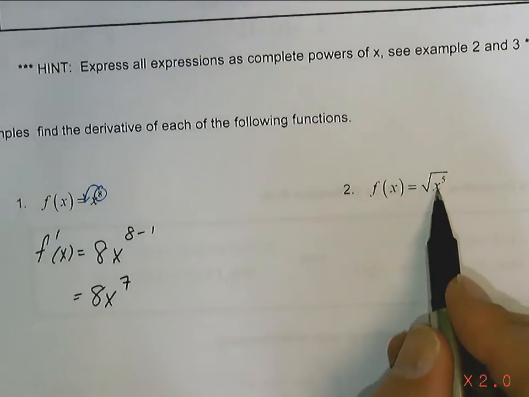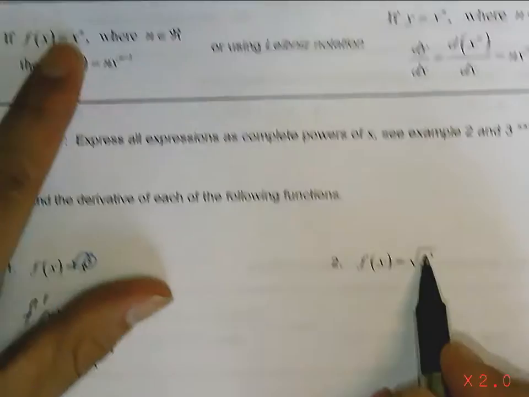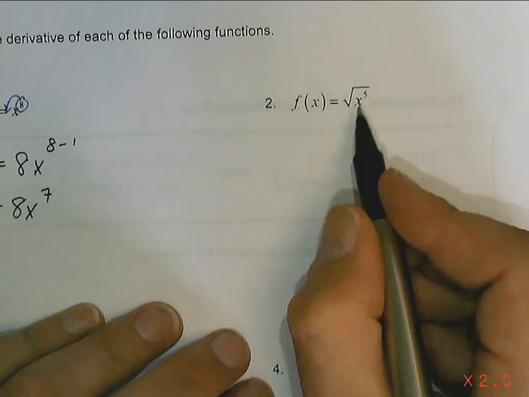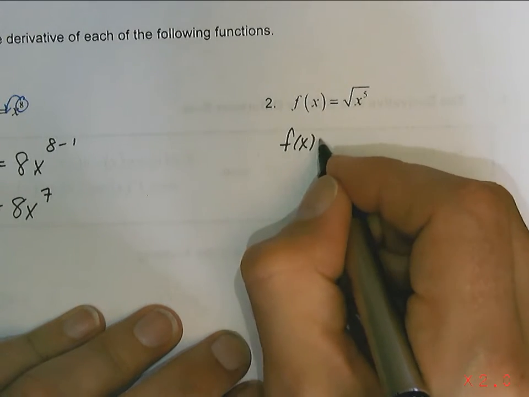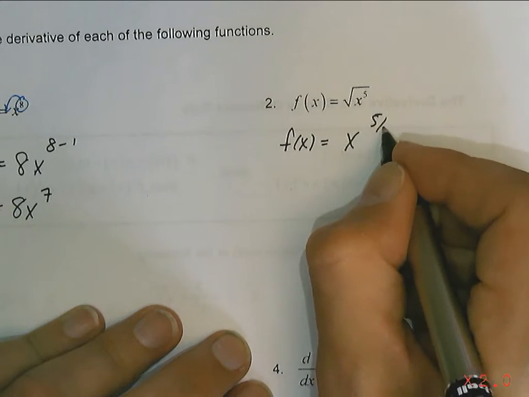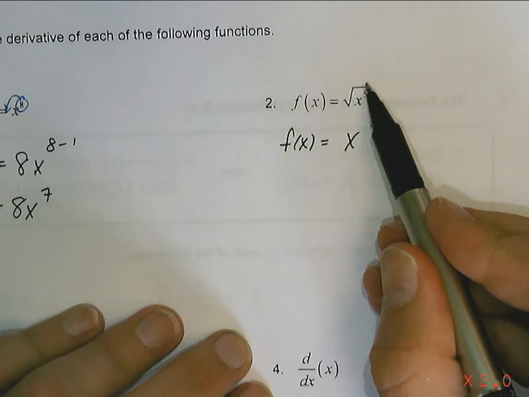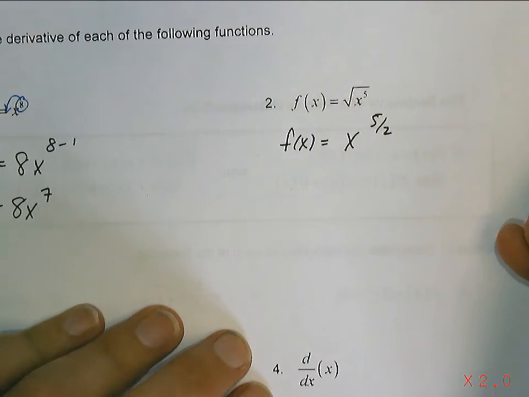So this doesn't look like that. What we're going to do is change this to look like that. How did I do that so quickly? Because I know that the square root has an exponent of 1/2. So 5 times 1/2 is 5 over 2. You got to be able to do that.